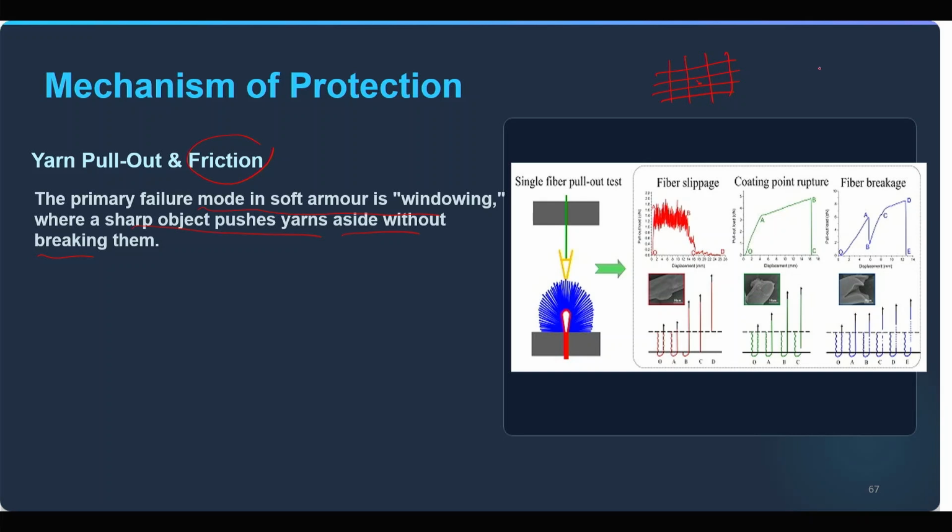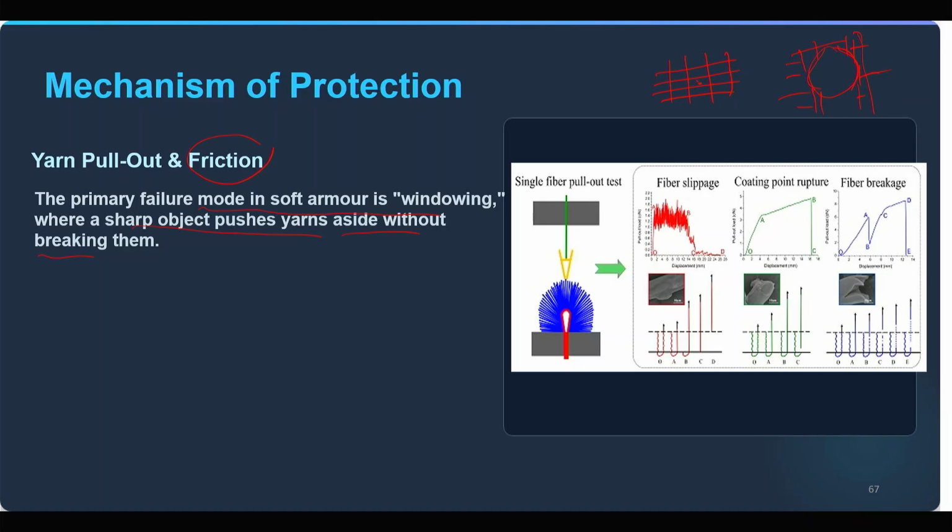These yarns will be pushed out and this will form a hole. The structure is there, although there is no thread breakage. Thread breakage is not there, but still it is called the windowing effect.